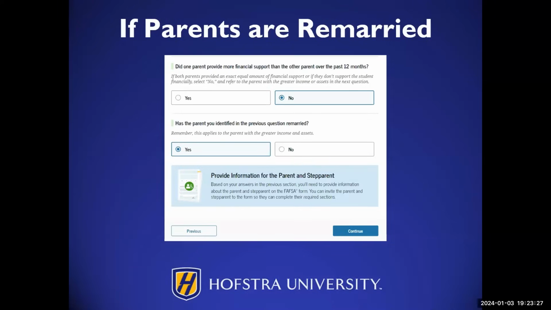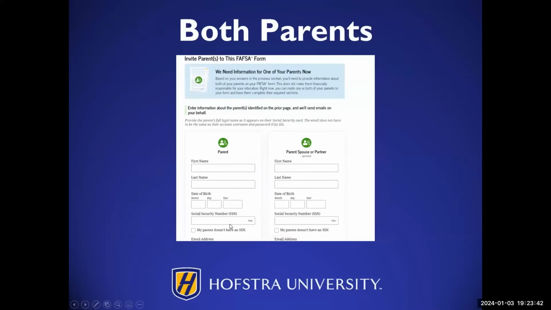So if the parent is remarried, FAFSA would need the information for both the parent and the step parent. So the next page would be the same slide that we saw here, where you would need to provide the parent's information with the remarried parent's information as well.